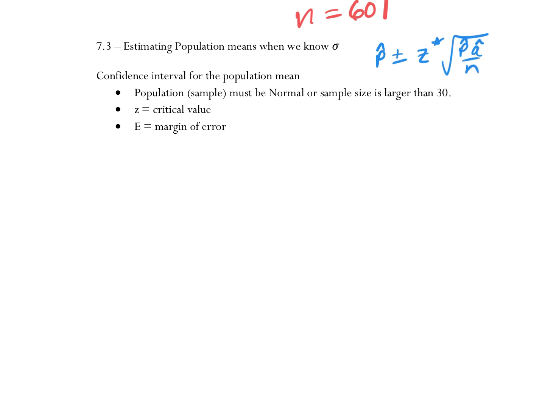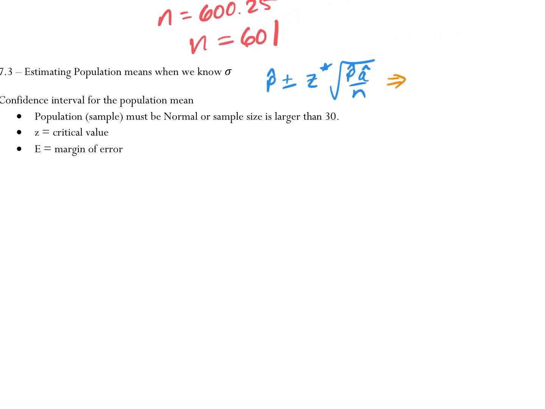All right. The intervals we did before were p hat plus or minus z star times the standard deviation of possible sample proportions, okay? The only difference between what we did over the past 2 days and what we're doing today is that this is really good at estimating percents.